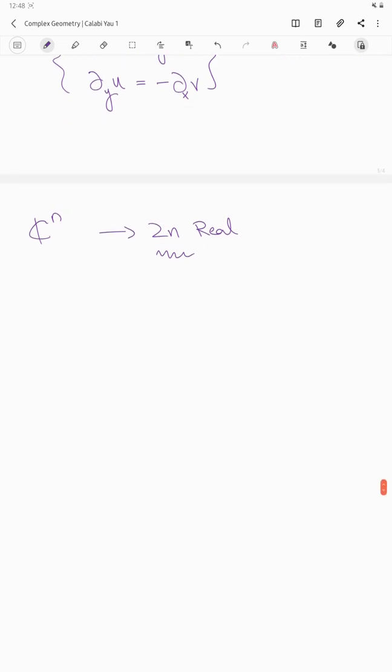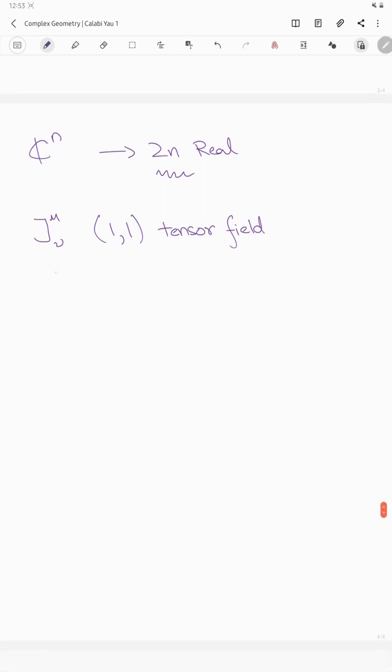And another point is, consider some J mu nu, which is a mixed tensor, or a 1,1 tensor field, and this tensor field has to satisfy this relation, that is J mu nu times J lambda mu, which is equal to the negative delta lambda nu.